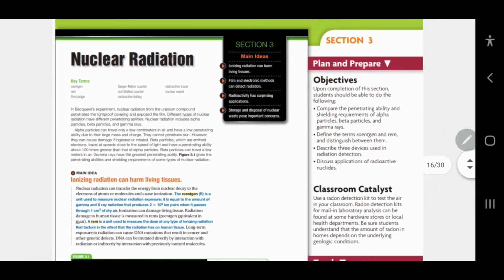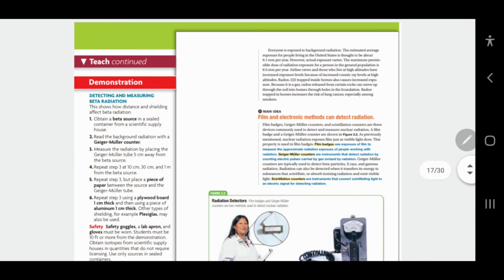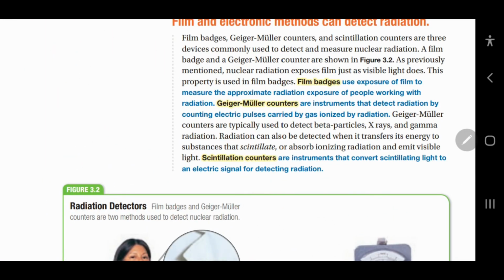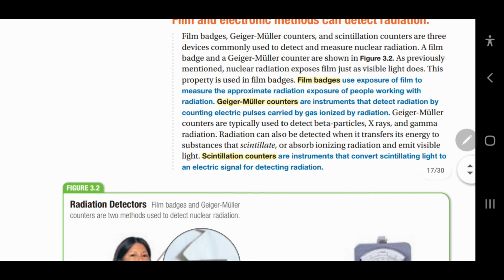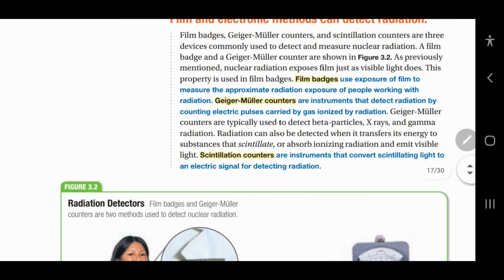We said also that nuclear radiation could be measured or detected by using film badges or Geiger-Müller counters or scintillation counters. These are three methods to detect the radiation.